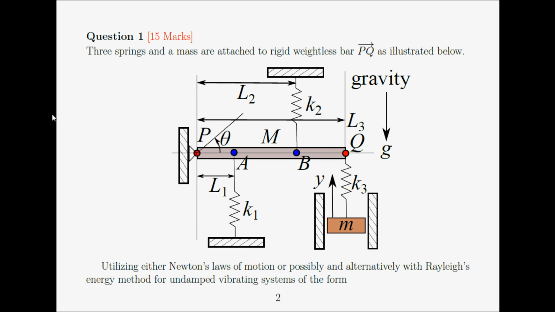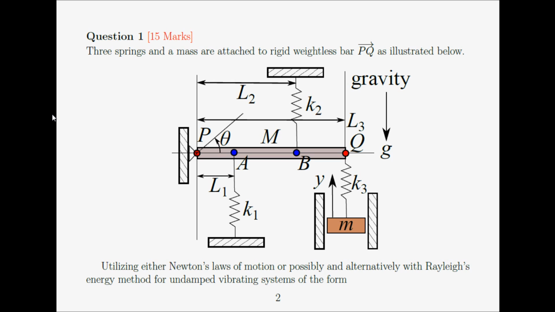when the suspended mass m moves up a distance y, it will squash the spring K3, and separately the point Q, as it moves upwards or downwards depending on the magnitude of the angle theta, will also either stretch or squash the spring.